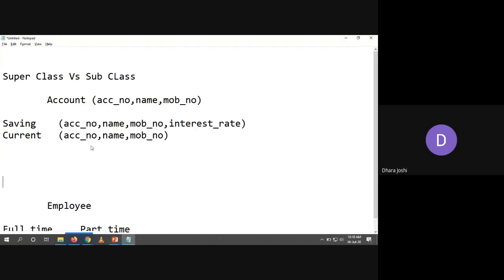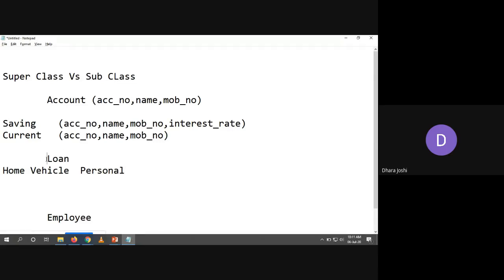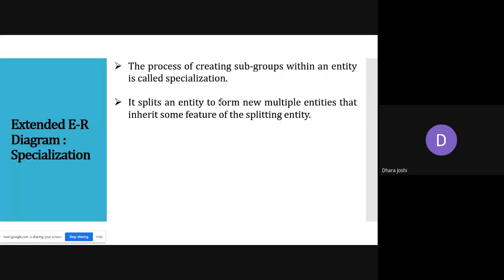The same thing, we are taking one more example like loan. So loan can be home loan, vehicle loan, personal loan, and any of them. Here we have one superclass called loan, and loan can have different types: home, vehicle, personal. It splits an entity to form new multiple entities that inherit some features of the splitting entity.